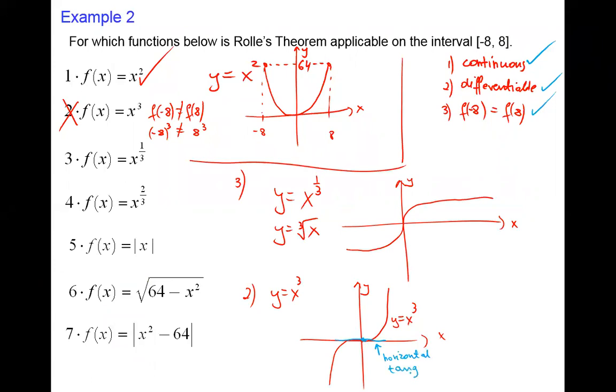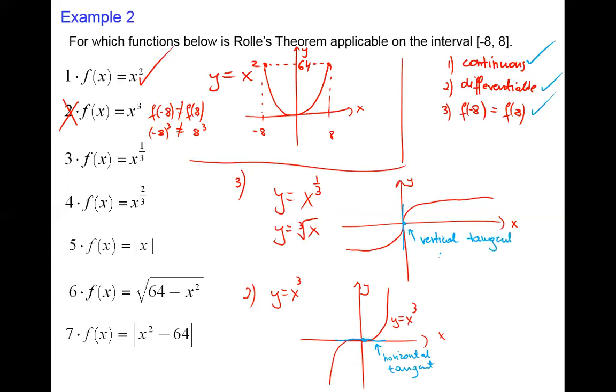I'm just saying this as an additional comment, because we still have different values for -8 and 8. But what happens if this is a horizontal tangent, now I have the inverse function for x cubed, cube root of x, which means at this point, we do have a vertical tangent.